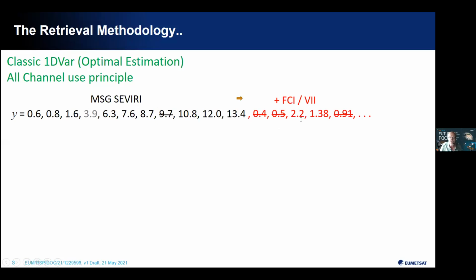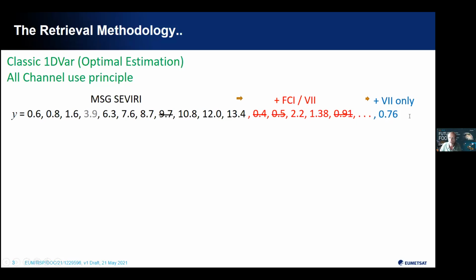But of course, the 2.2 for microphysics is very useful. The 1.38 is the cirrus detection channel based on a water vapor band that will certainly aid cloud detection and also constrain the CTP. We have some facility from this channel in the VII version of OCA, but not a strong input at the moment. That will come later.